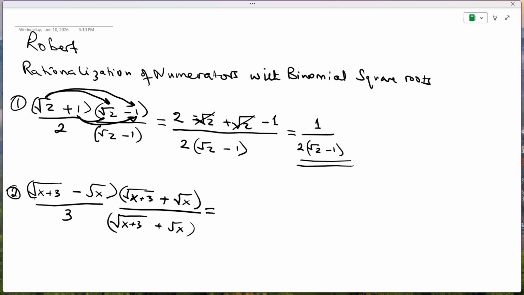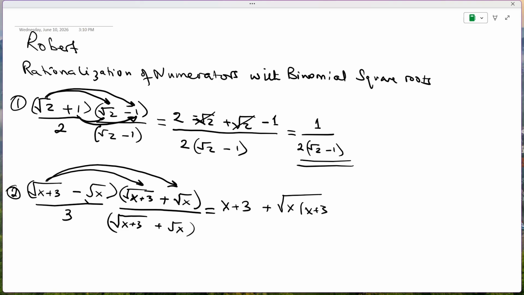So this expression will work out by using the distributive method. Root x plus 3 multiplied by root x plus 3 will leave us with x plus 3. And then root x plus 3 multiplied by root x will give us positive root x into x plus 3.